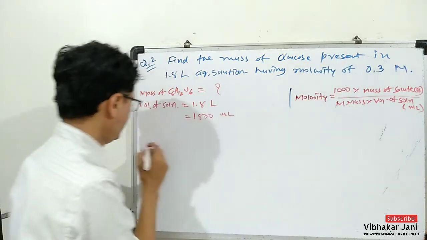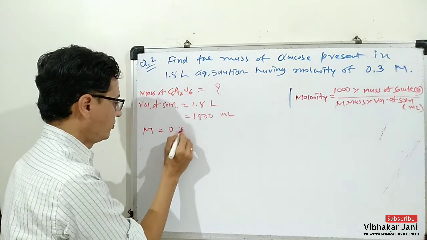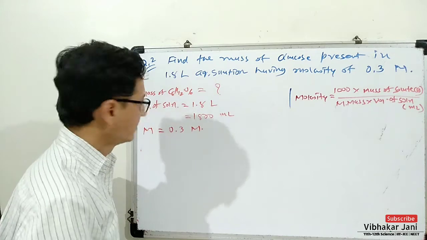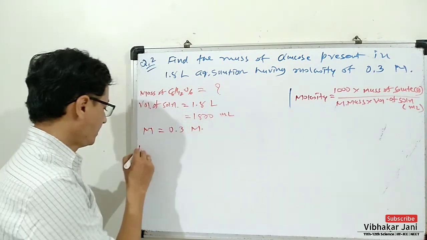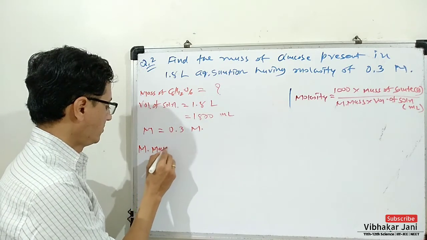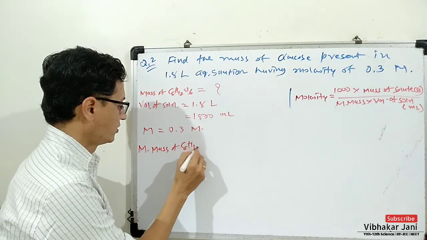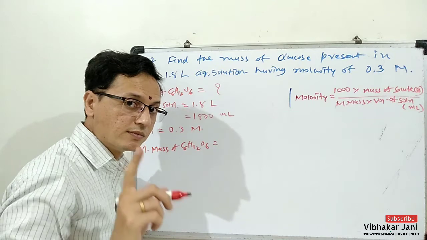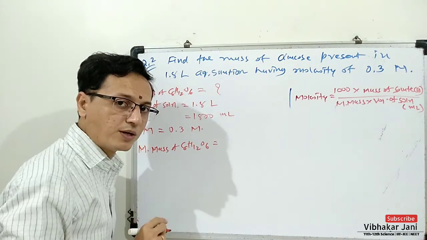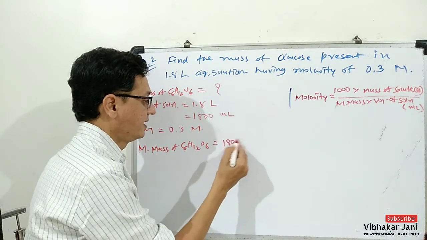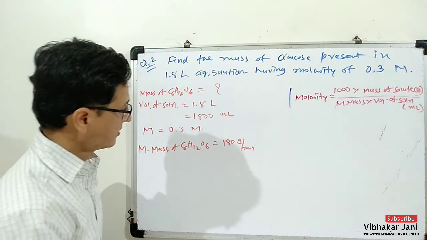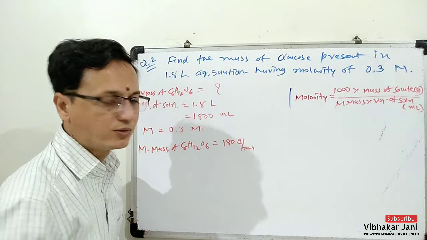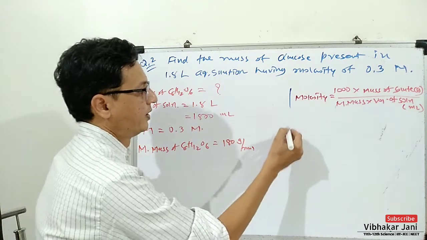Then molarity is given, which is 0.3 molar. And if we want to find the mass, we must have the value of molecular mass. So molecular mass of glucose. You also know the molecular mass of glucose, that is 180 gram per mole. Okay, now let us put all these values in our formula.